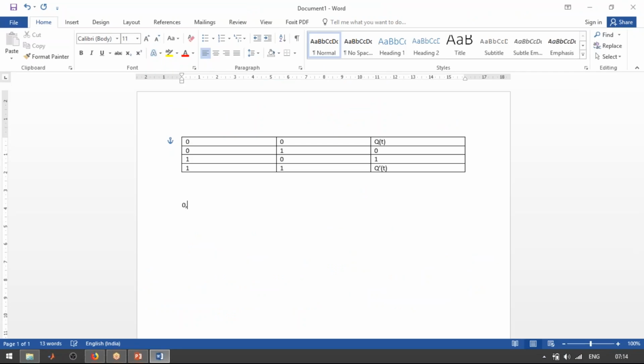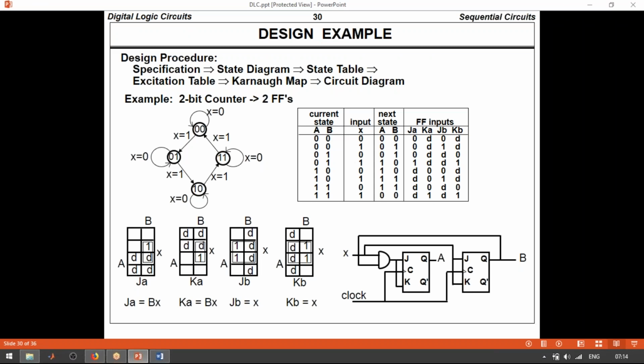So this is for the state, and the next state equation is 0, current state is also 0. That means Q of T equal to 0 and Q of T plus 1 equal to 0.